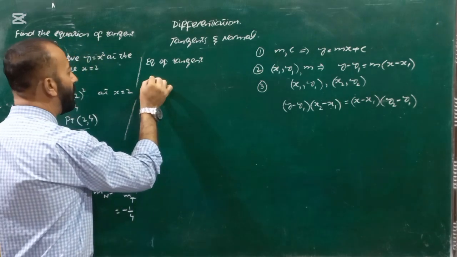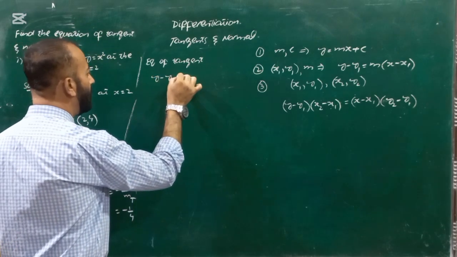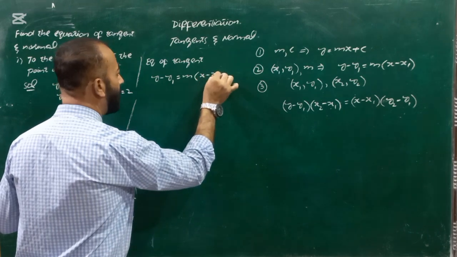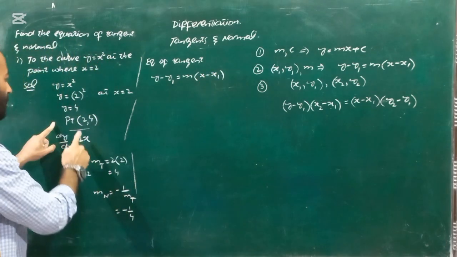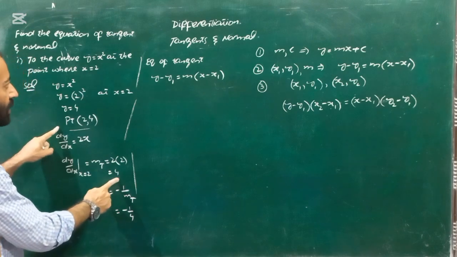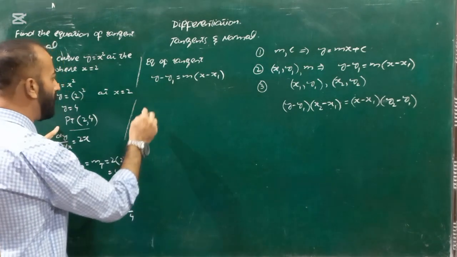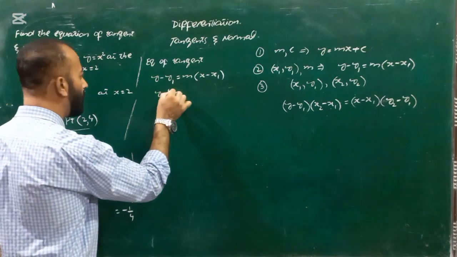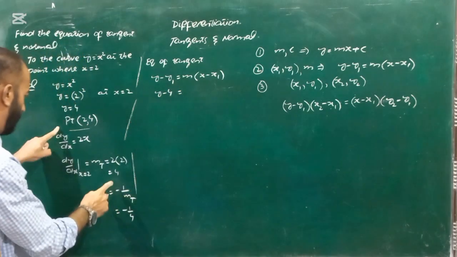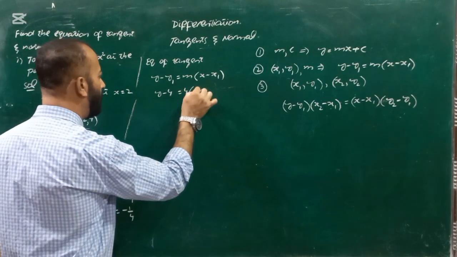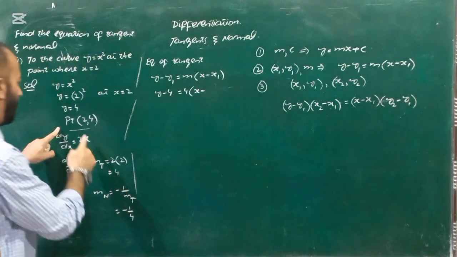Equation of tangent formula will be used: y minus y1 is equal to m into x minus x1. So this is the point x1, y1, and this is the gradient of the tangent which will be put into this. So y minus 4 will be equal to, gradient is 4, into x minus x1, which is 2.